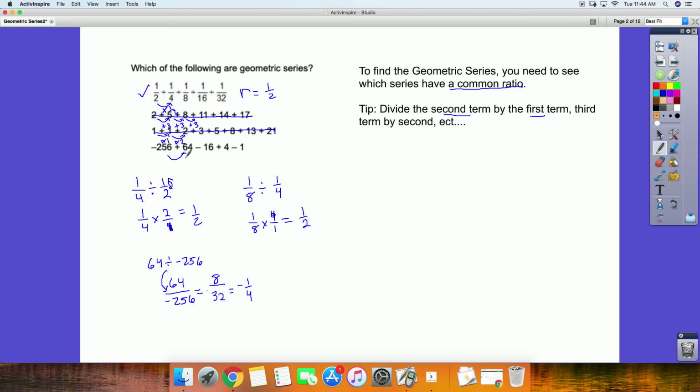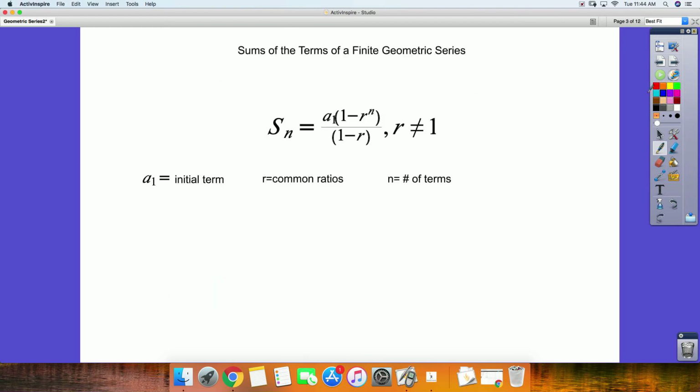So from here to here, it multiplied by negative 1/4. If we try the next one, we have a negative 16 over 64. 16 goes into both of those, so that becomes negative 1/4. So I can see that this does have a common ratio, so it is geometric, and our ratio would equal negative 1/4. So this has just been a quick review of how to identify if something is geometric or not. So now let's go on to the new stuff.